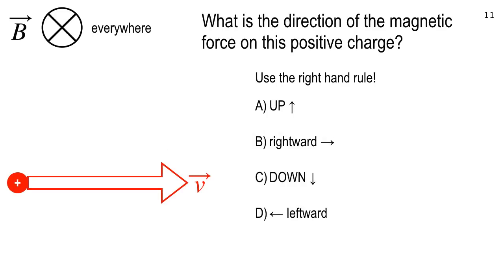What is the direction of the magnetic force on this positive charge in this magnetic field? This is basic right-hand rule territory. Try not to sprain your wrist. And definitely consult with your neighbor.